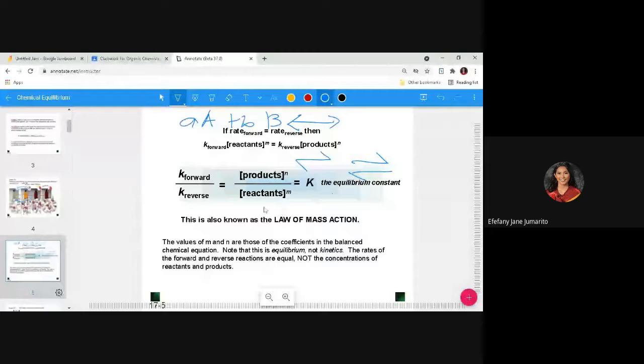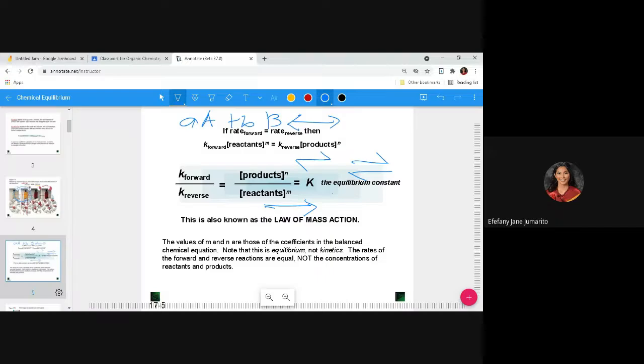Now, in kinetics, daghan man to itong nakita na inana ra ang arrow, that's unidirectional. It can only go forward. So the reaction only goes forward. An example of a unidirectional reaction is a candle.